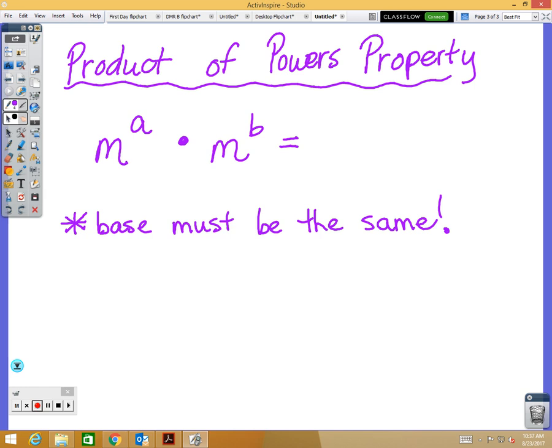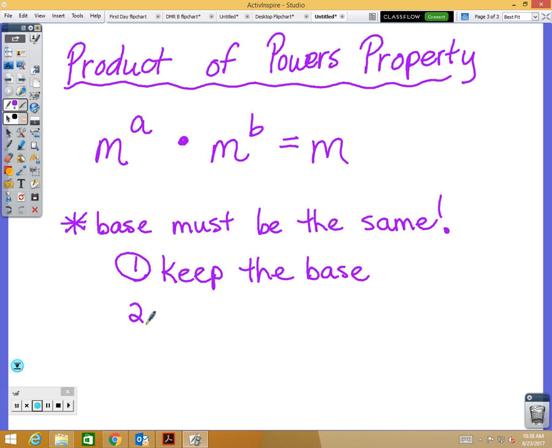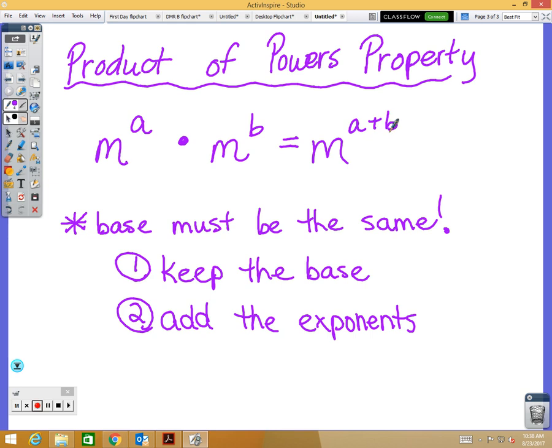The only way this property is going to work is if your base is the same. If the base is the same, you're going to keep the base. So in our answer, the base is still m. And we're not actually multiplying. We're going to add the exponents. That's our second step. Add the exponents. So we would do a plus b. And that would be our answer.